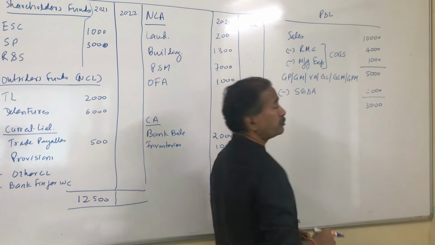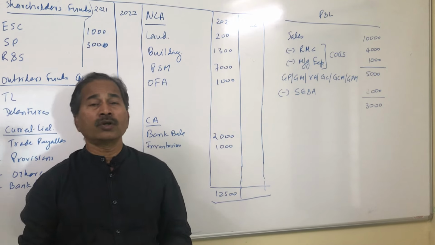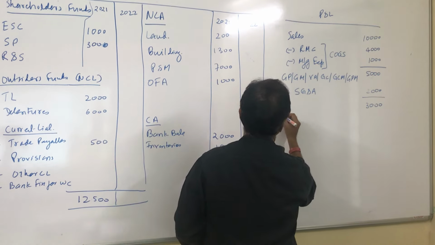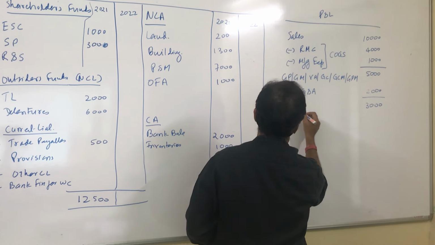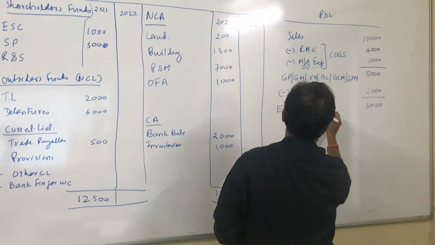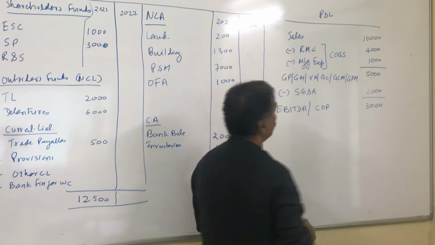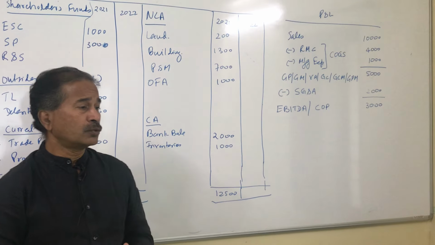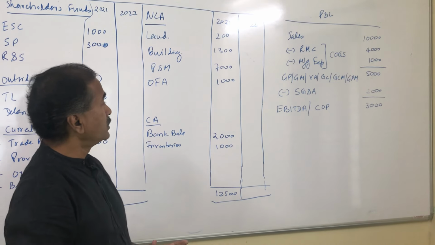Now this 3000, please understand, is known as EBITDA. What is it known as, everyone? EBITDA. EBITDA is also known as cash operating profit, that is COP.